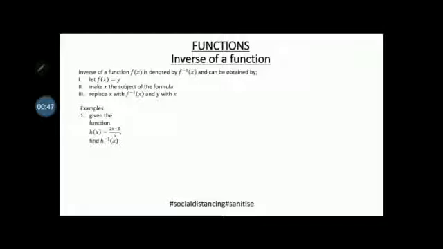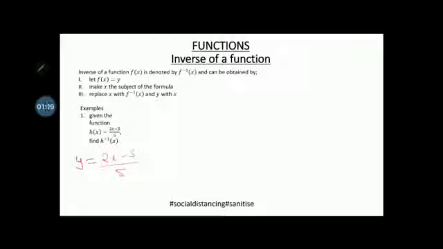We are given the function h of x is equal to 2x minus 3 over 5. Find h inverse of x. So step 1, we let h of x be y. So we're going to write this function as y is equal to 2x minus 3 over 5.